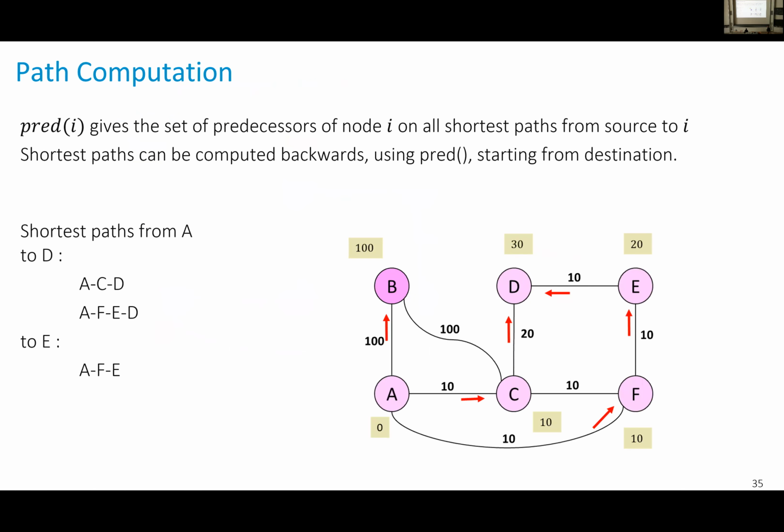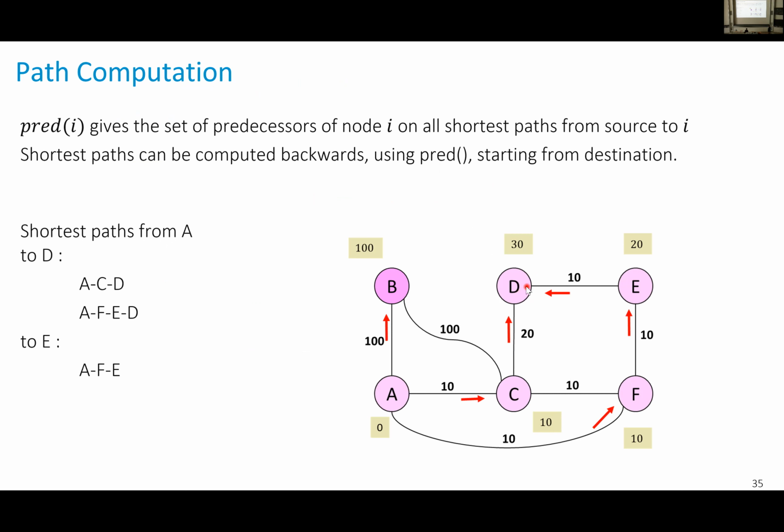Of course, the goal of this is not to write a tree of shortest paths, it's only to find the next hops from A. So shortest paths can be computed using these red arrows backwards. For example, remember we are at node A and we wonder, how do I go to D?